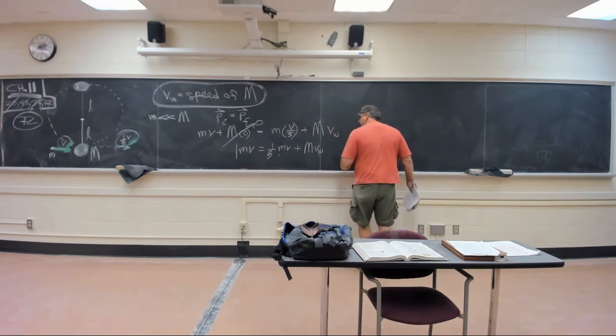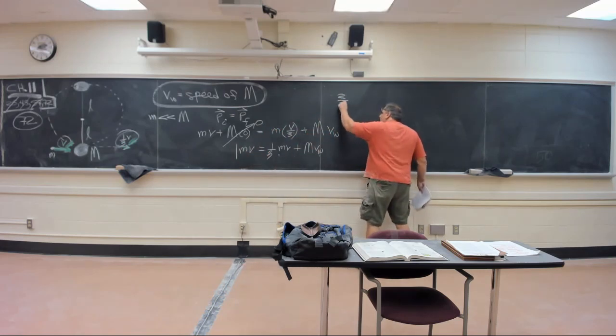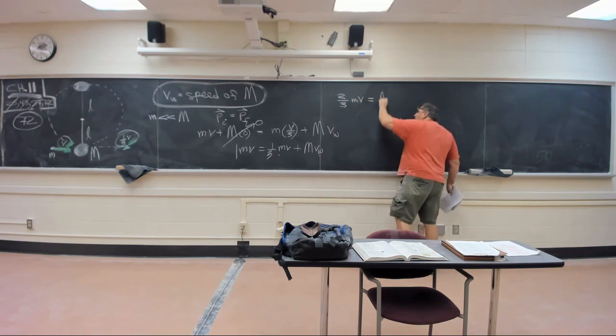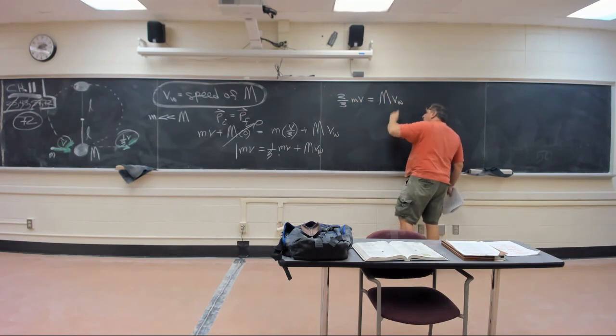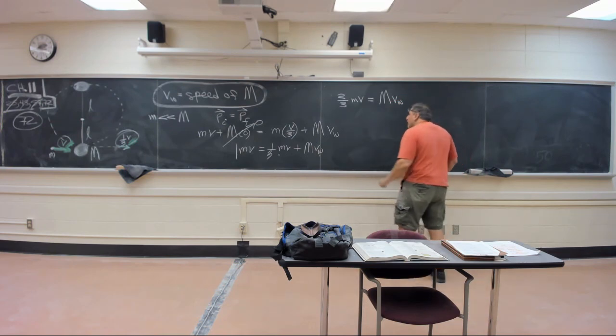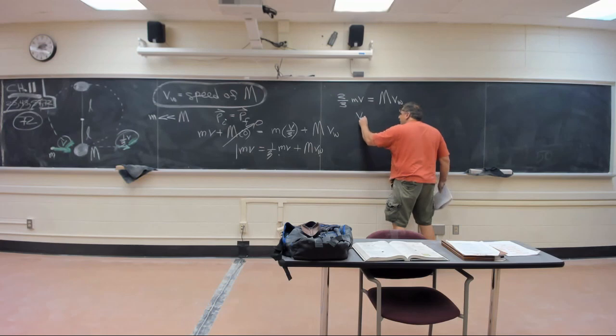Subtract 1/3 mv on each side. You got 2/3 mv equals capital M V sub W. Divide by capital M on each side.